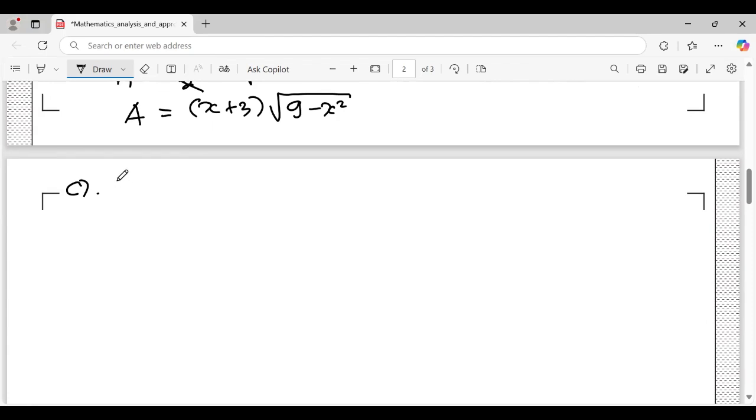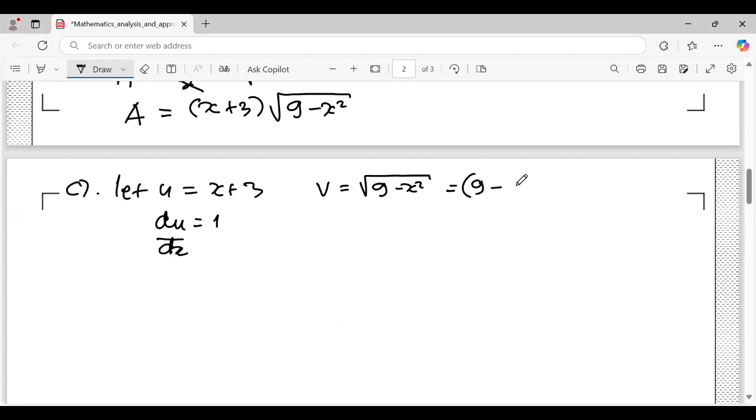Let u equal x plus 3, it means du dx equal 1. V equals square root 9 minus x squared, or 9 minus x squared power 1/2, power 1/2, sorry, not minus 1/2, because it is a square root.